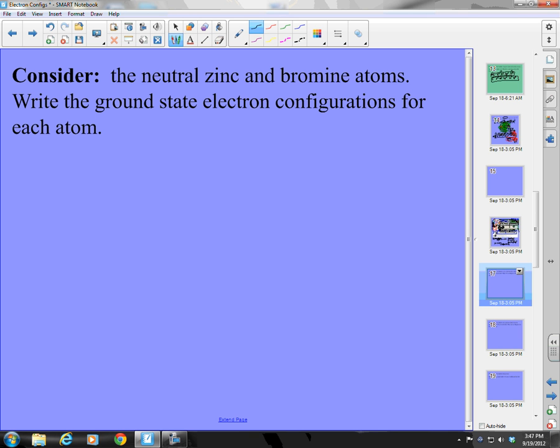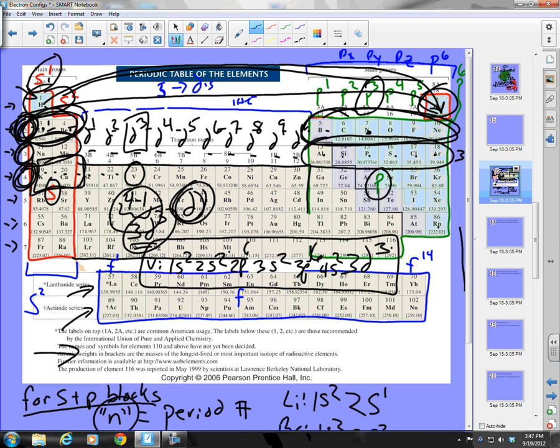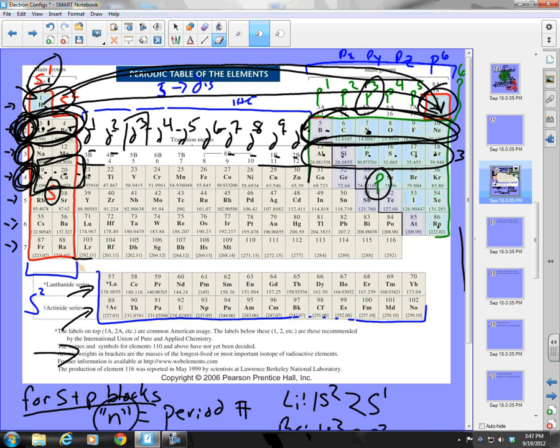Okay, zinc. Let's find zinc. Ooh, let me clean up some of this. Okay, good. Where is zinc? Here is zinc. Let me make sure we keep our blocks. Here's my D block, right? Here's zinc.